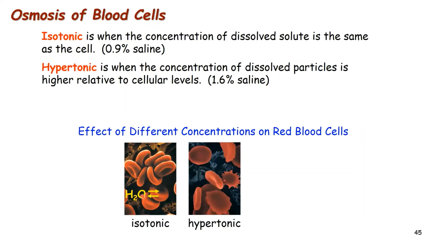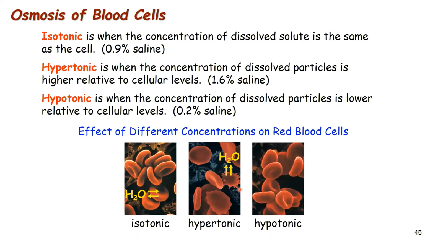Now, if you have hypertonic, so you have some condition in which the level of the salt outside the cell is actually higher, well, then all of a sudden, all the water wants to leave the cell to try to get the same concentration as the outside fluid. That causes the cells to literally collapse. Then there's a third possibility, which is called hypotonic.